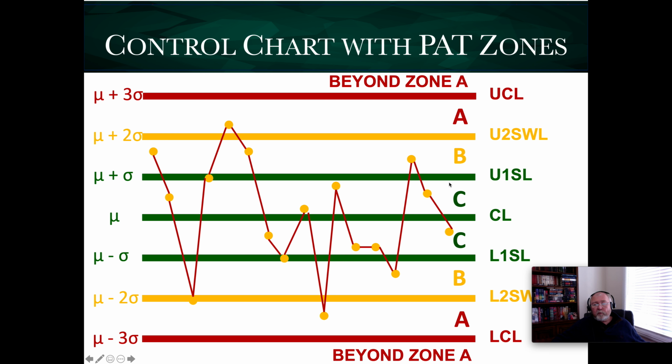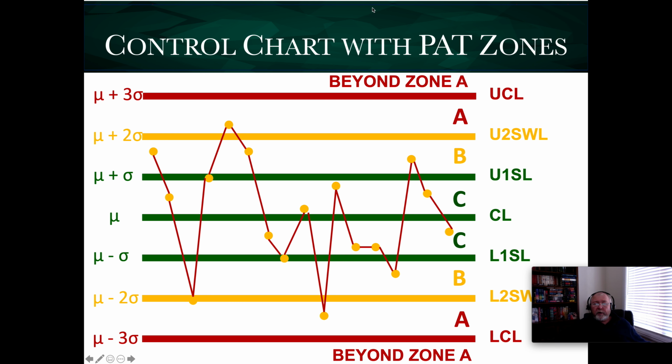Between the mean and 1 standard deviation above the center line is zone C. Between the mean and 1 standard deviation below the center line is zone C. Between the upper 1 and 2 standard deviation warning line is zone B. Between the lower 1 standard deviation line and the lower 2 standard deviation warning line, zone B. Zone A is from 2 standard deviations out to 3 standard deviations out.